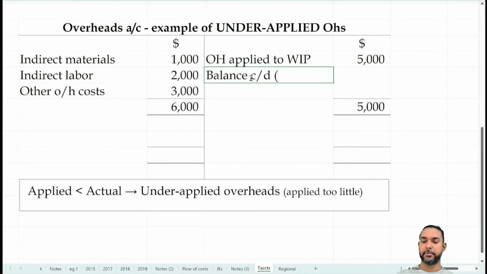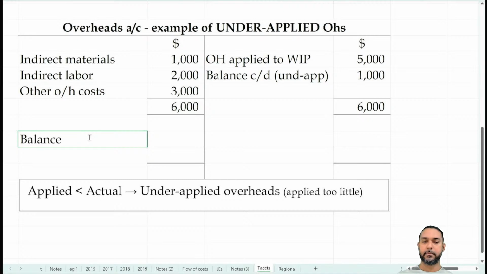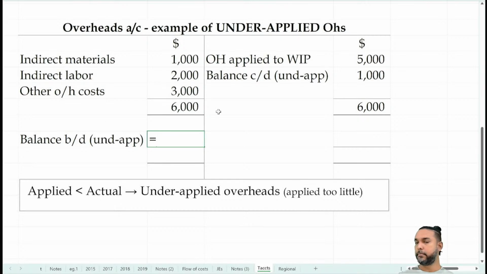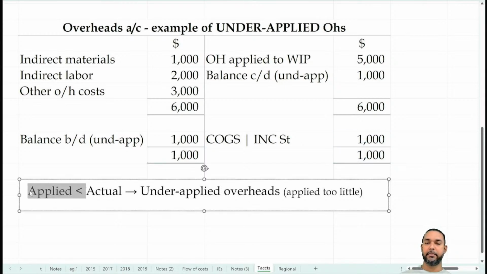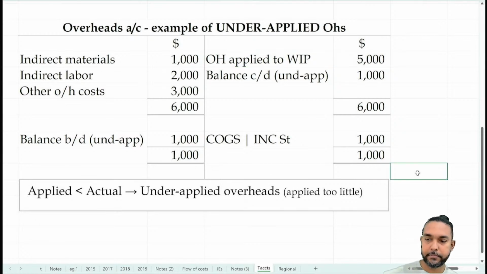Under applied, of 1,000. That will go to the cost of goods sold account or the income statement directly. Again, I'm recalling that the transfer to the income statement is the preferred treatment, so we'll use that one. This is where applied was less than the actual overheads incurred.